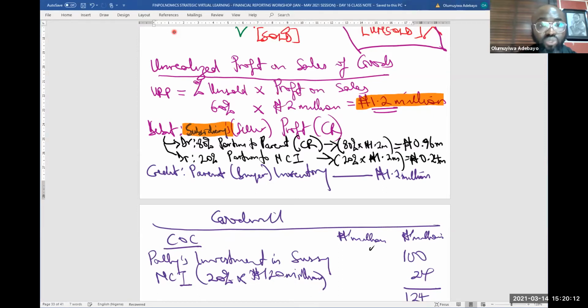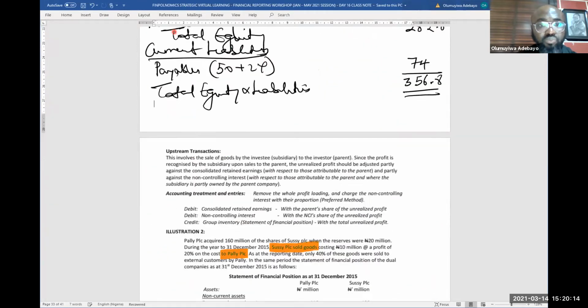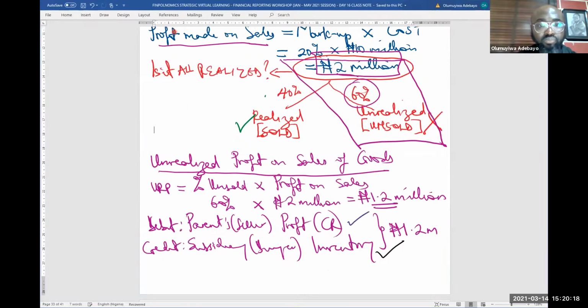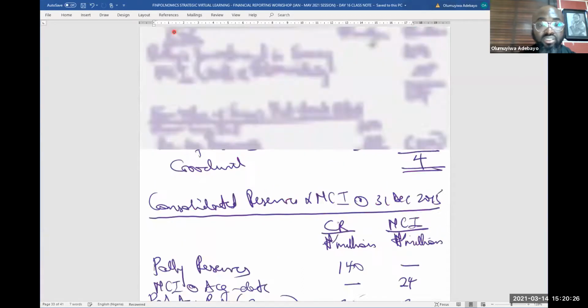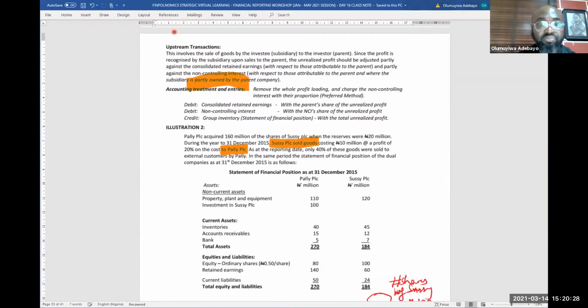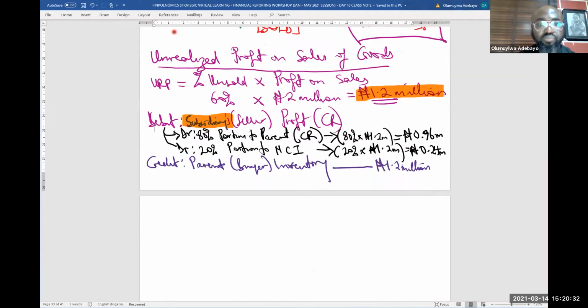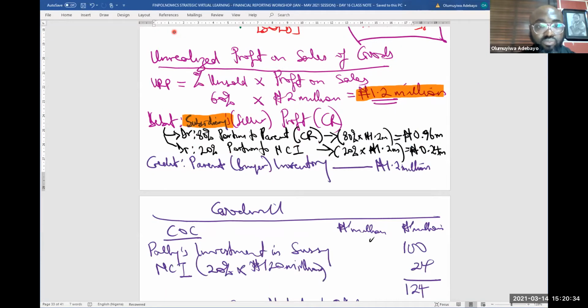But in the first one, that was for yesterday, what we did was parent the seller, and subsidiary the buyer of the inventory. But here, it is the parent that is the buyer, which means the reverse is the case.